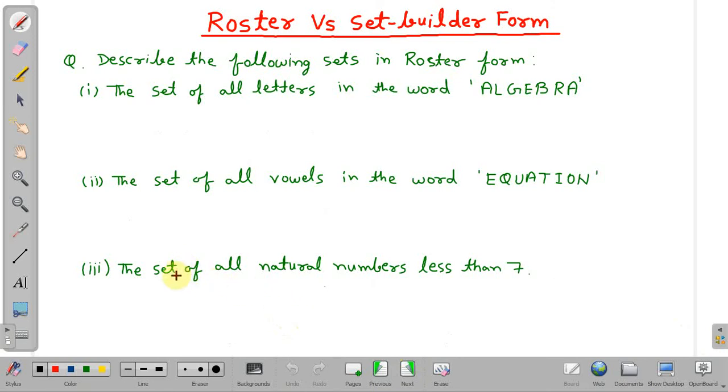Now we will solve some problems on this too. In this problem we have to describe the sets in roster form. First problem, set of all letters in the word algebra. So what are the letters in the word algebra?